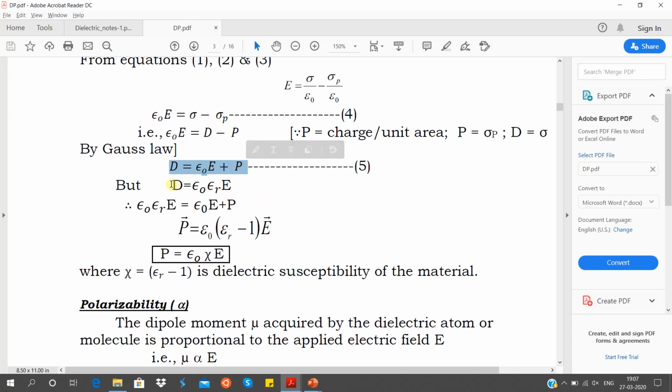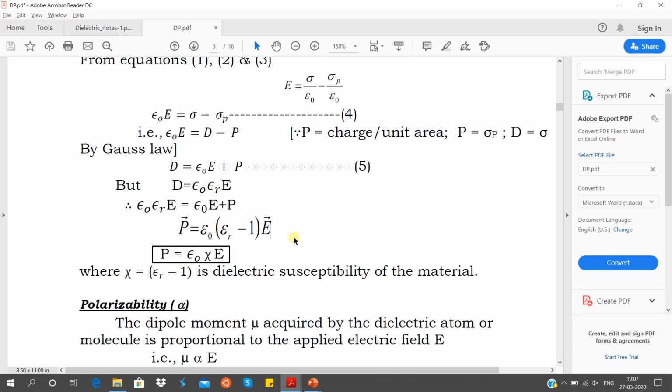We also get that the displacement vector is epsilon naught epsilon r into the electric field E, and polarization as epsilon naught into epsilon r minus 1 into E. All these are very important relations. And one more thing to be noticed, epsilon r minus 1 is equal to chi, that is the dielectric susceptibility of the material.